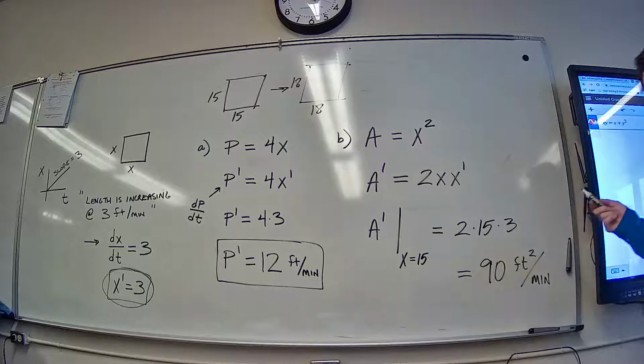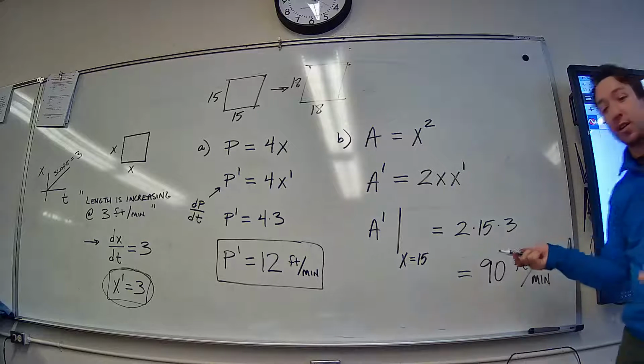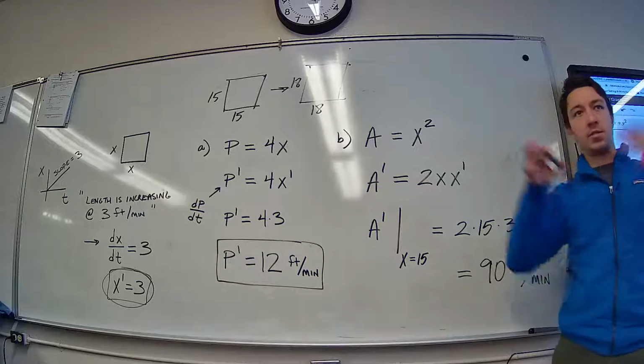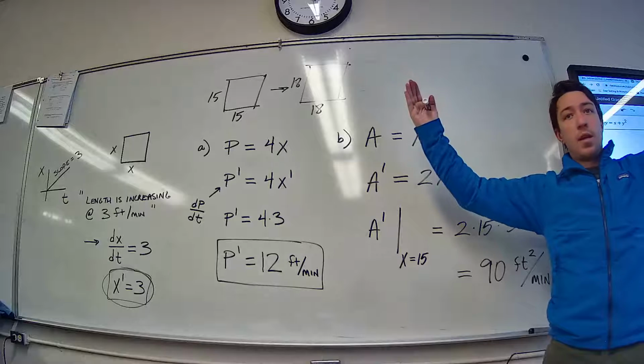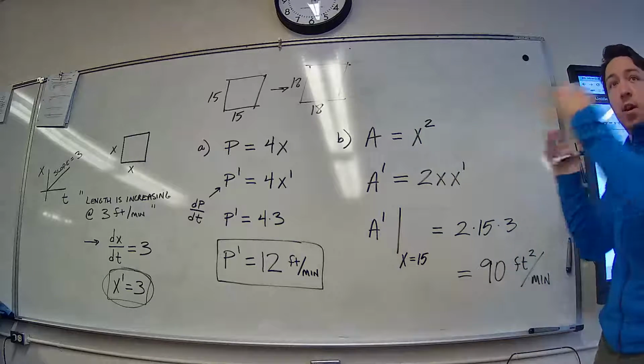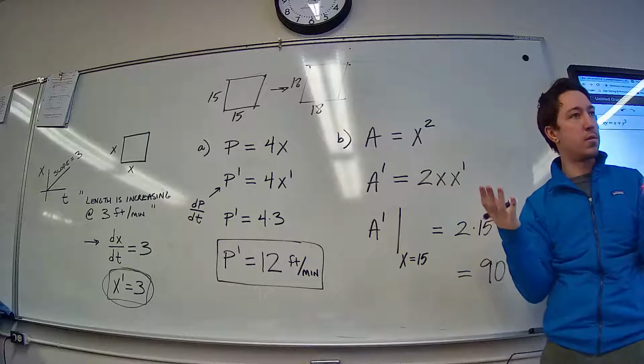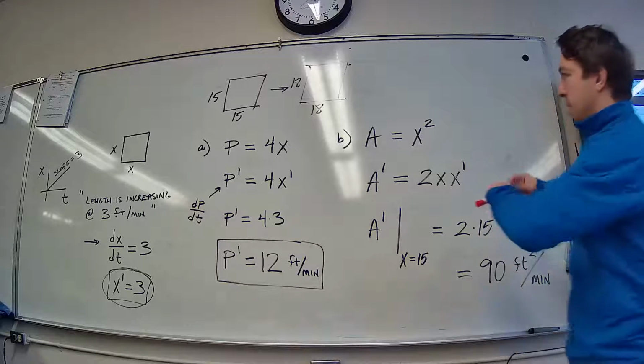This is something I'm actually very curious how intuitive you feel it is, but if you take a big square and you add 3 feet to all the sides, it's going to grow a lot more in area than if you did that to a tiny square. I'll give you a simple example.